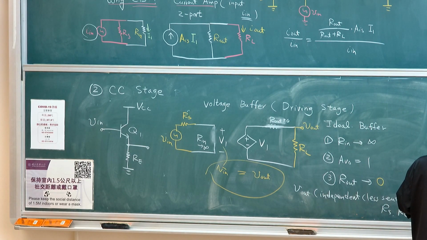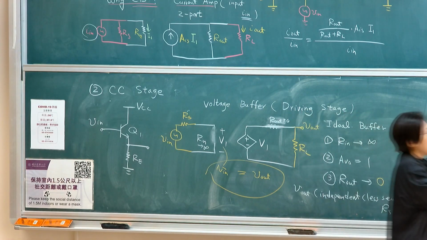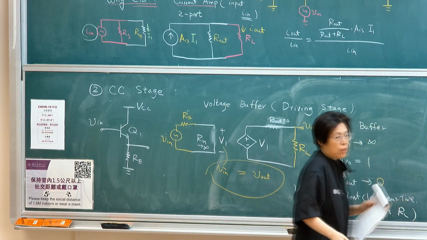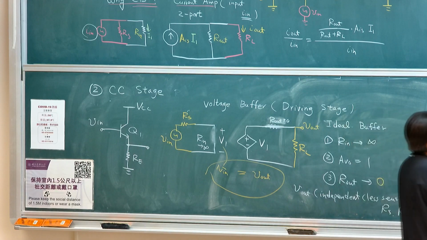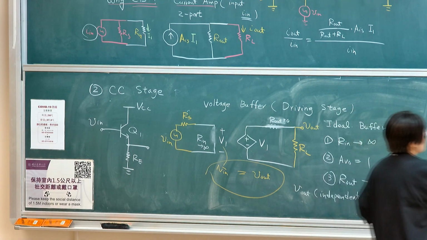So this will be my input V in, and the small signal model, R pi, V pi. This will be gm V pi. And I'm also ignoring the output resistance. You can include that. It's not that complicated, but just to make our life easier, let's ignore it at the beginning.